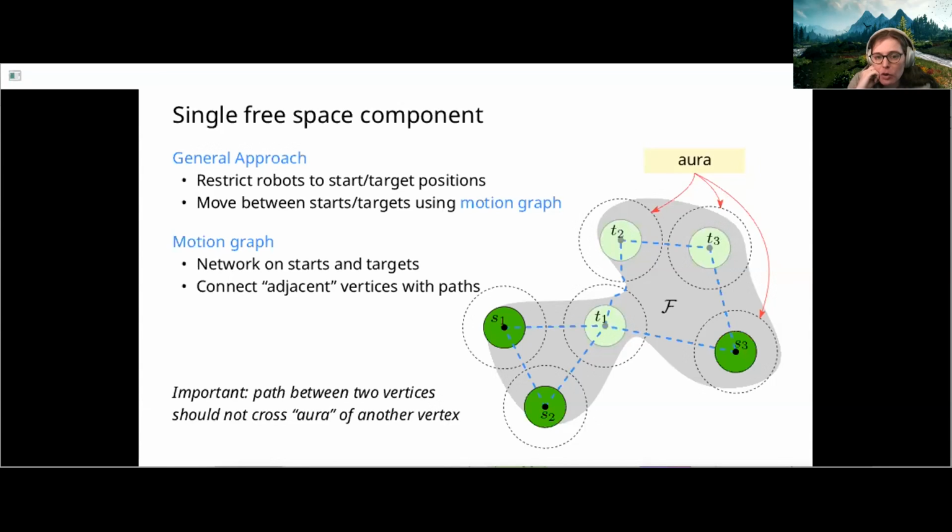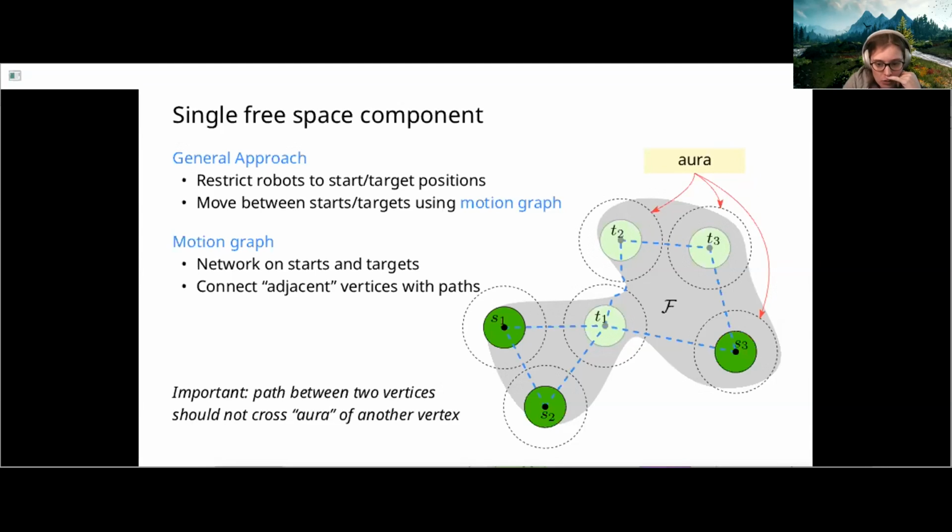So if any robot intrudes into the aura of another robot, that means that they intersect. So the path between two nodes, we don't want it to pass through a third aura. Otherwise, we cannot guarantee that there will be a proper path between the two nodes along which we want to navigate the robot.